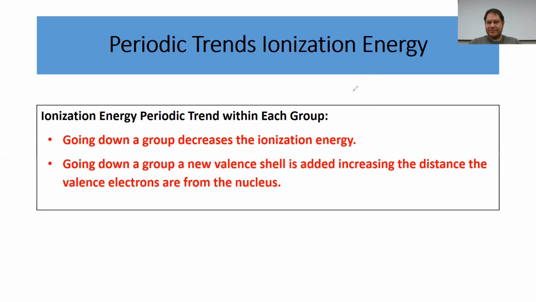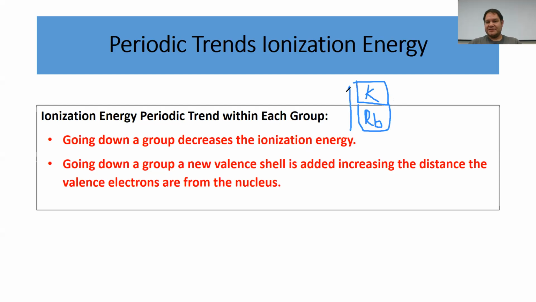So for example, let's look at potassium versus, say, rubidium. Potassium is above rubidium. Which one of these elements would have a larger first ionization energy? If you said potassium, you would be correct.